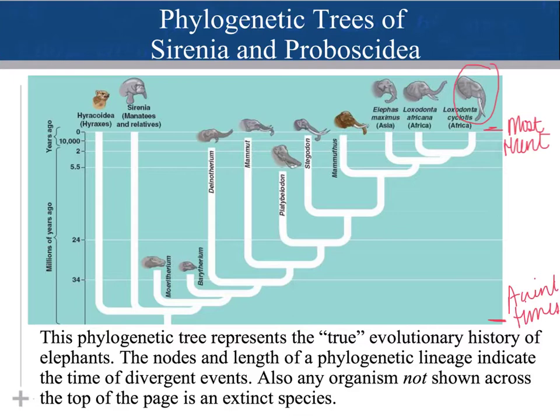Wherever a branch stops, wherever it doesn't go all the way to the most recent timeline, like it does here and here and here, and a couple of other places, this organism is now extinct.